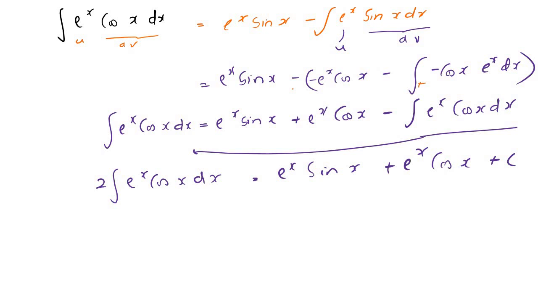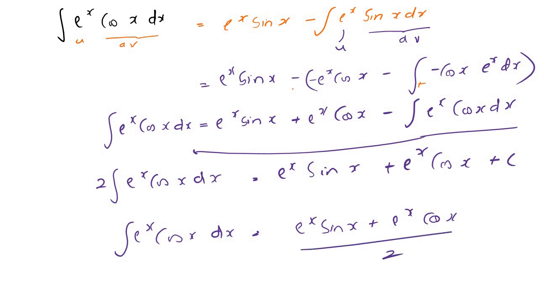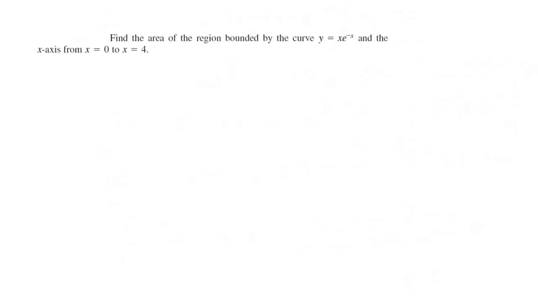So then we said integral e to the power x cos x dx is equal to e to the power x sine x plus e to the power x cos x over 2 plus c. That's the answer. Let me do another example.